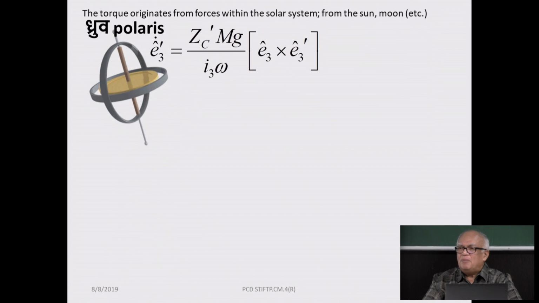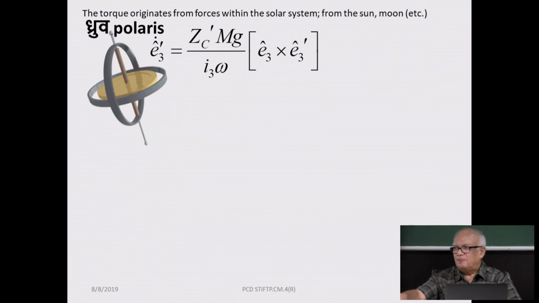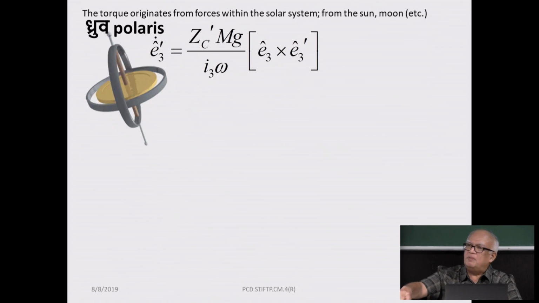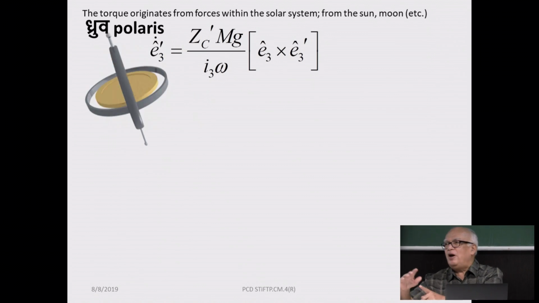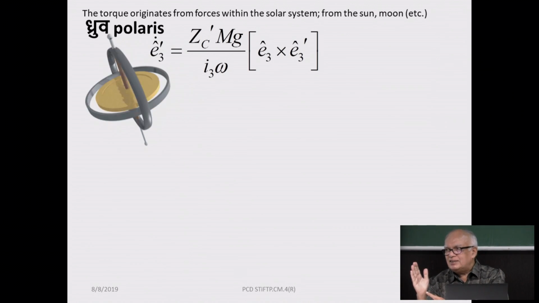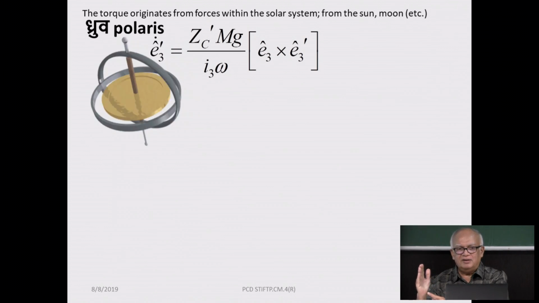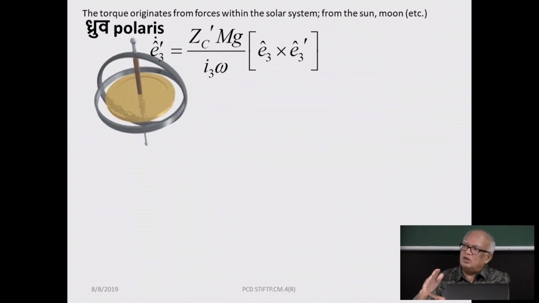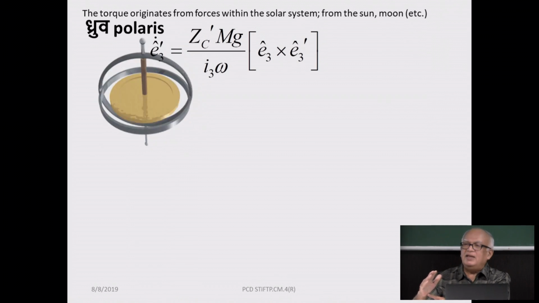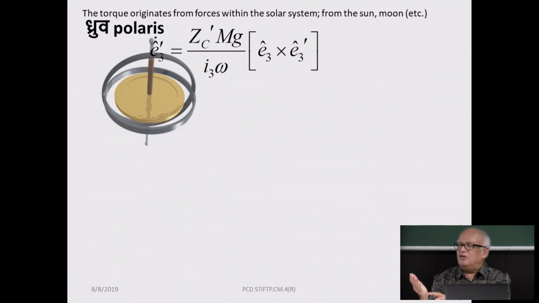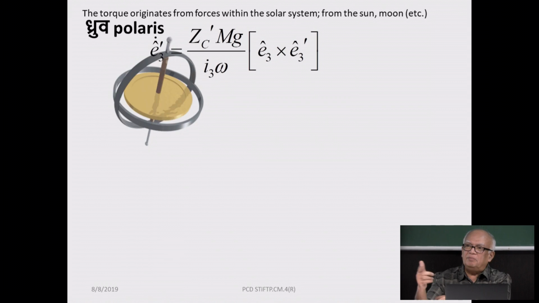So that is going to happen to a top, okay? Because once you have a top spinning, at some point, if the top gets slightly tilted from the local vertical, then this torque will make the direction of its angular momentum precess.